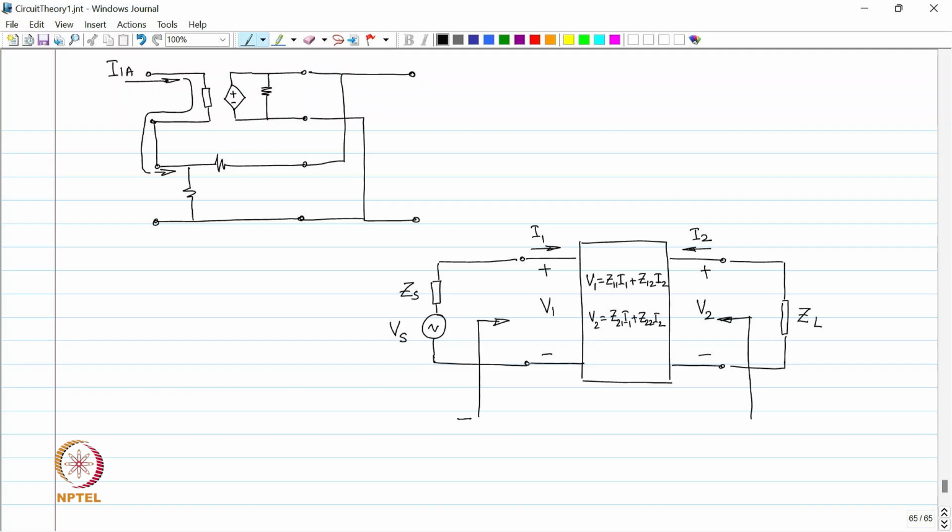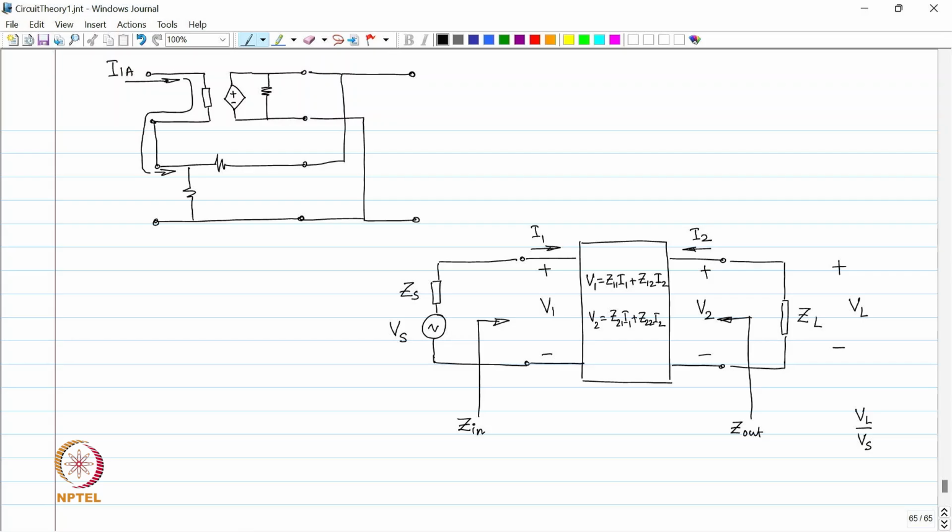So, this one is going to be called input impedance, the second one is going to be called output impedance, and the third one is the transfer function. So, I applied Vs, what is VL? Right. These are the 3 important metrics of the circuit.